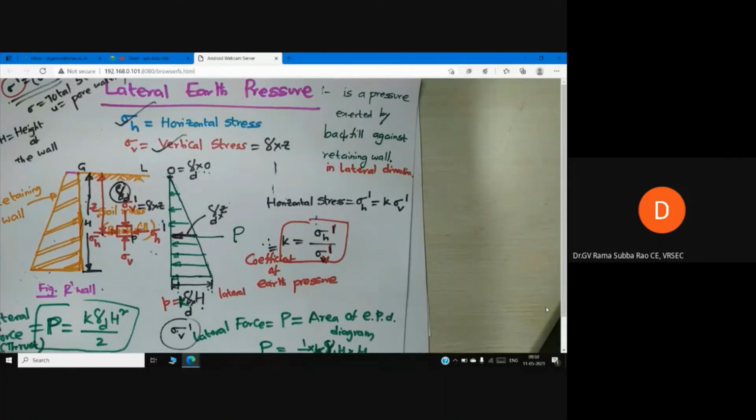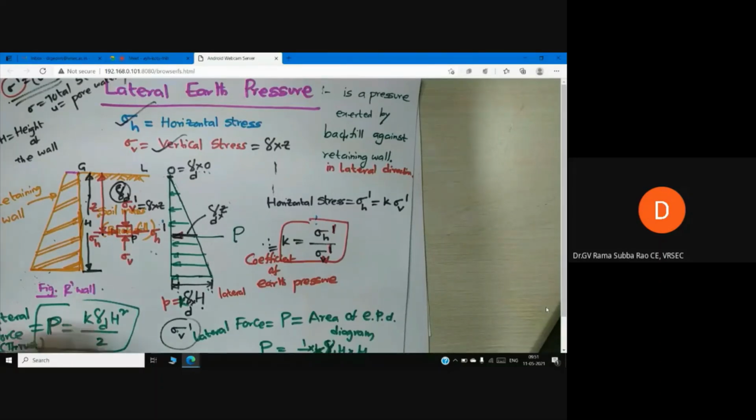Now what is coefficient of lateral earth pressure? K is equal to sigma H by sigma V, but strictly speaking, sigma H prime by sigma V prime. Coefficient of lateral earth pressure is defined as the ratio of effective horizontal stress to effective vertical stress.